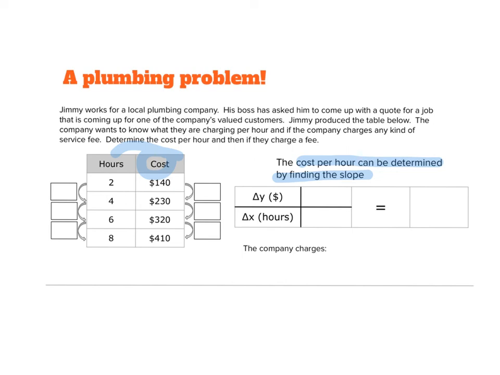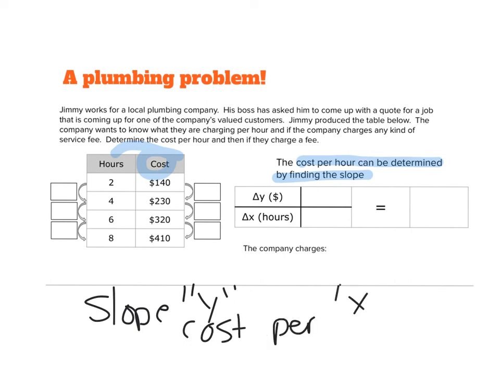So when we write these meanings, it's going to be the slope value, whatever our y value is, in this case cost, per whatever our x value is, which is going to be hours. Like I said, it could be whatever they label it. It could be feet per second, miles per hour. There's lots of combinations here. But remember, it's the y per the x.